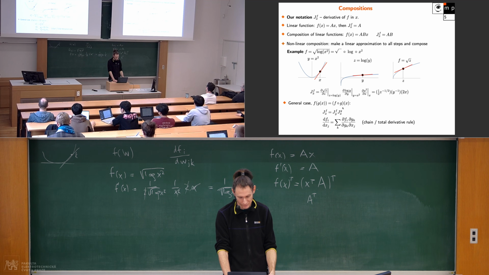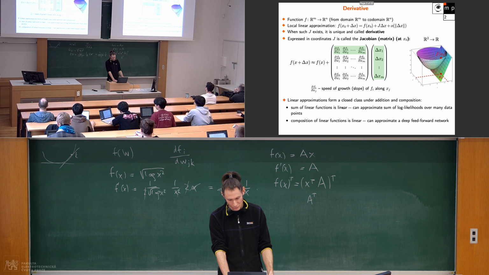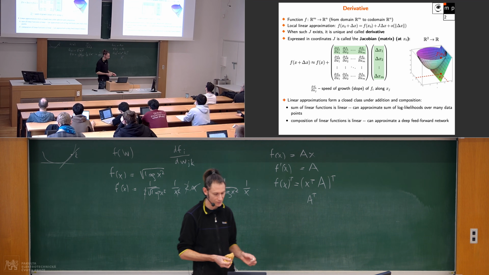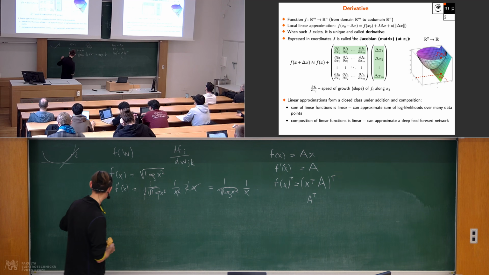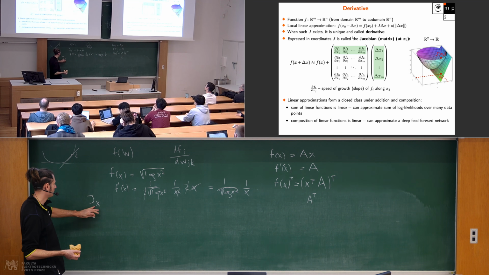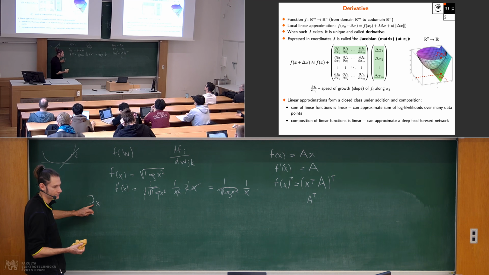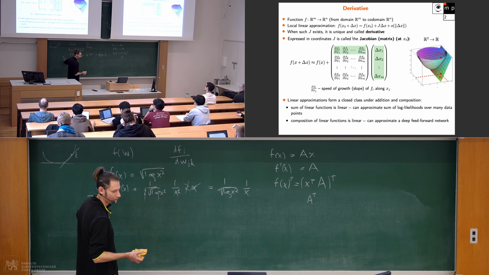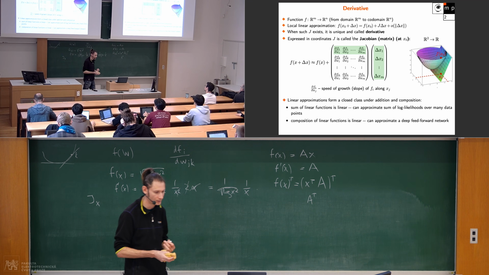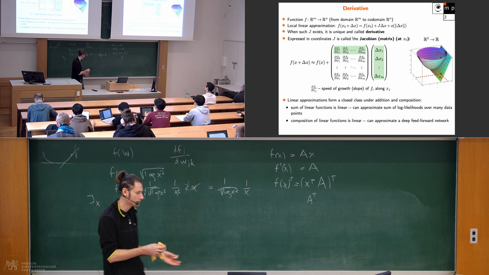I forgot to tell you about this notation. Usually the notation for the Jacobian is to say g sub x, which means the derivative at a point x. That's a common notation. But here, the point at which we are calculating the derivative is fixed by the context.